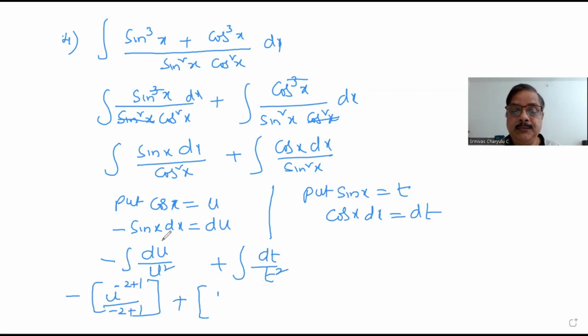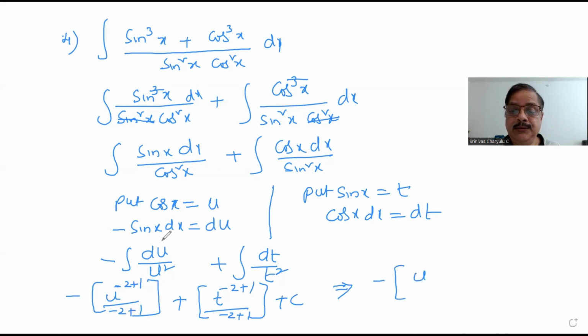Here t to the power of minus 2 plus 1 by minus 2 plus 1, plus c, because integral 1 by u square means you can take u to the power of minus 2, we take it to the numerator. So you can use power formula: minus 2 plus 1 by minus 2 plus 1.